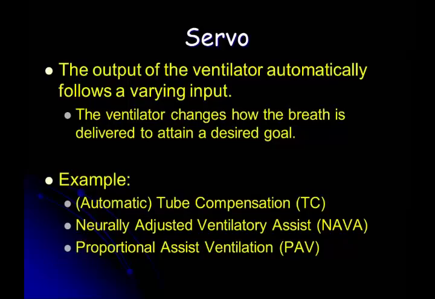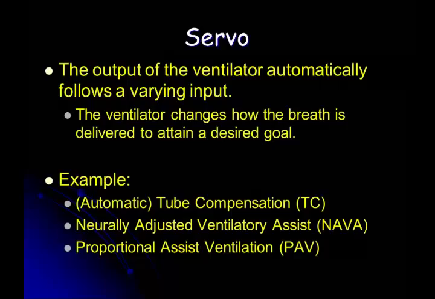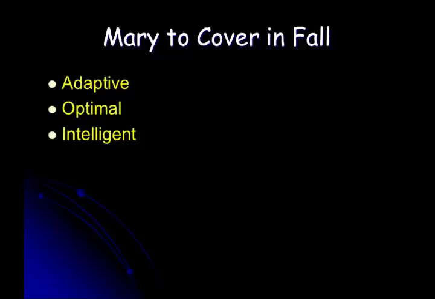So it triggers the ventilator on based upon diaphragmatic action. Pretty slick. And PAV is definitely putting the ventilator in the driver's seat. I like PAV. PAV's cool. So Mary will cover those in the fall.